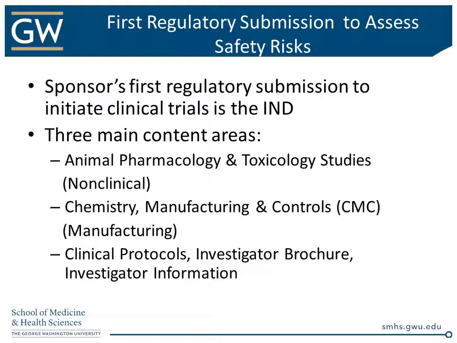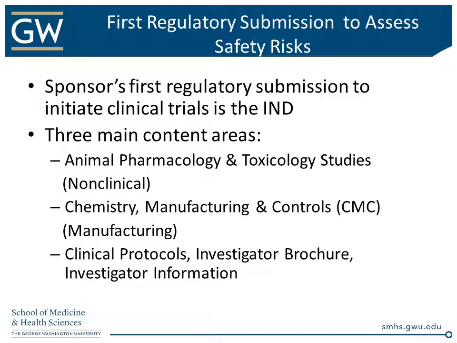Manufacturing information, which is under the chemistry, manufacturing, and controls section, and this is also termed quality information on the drug substance and investigational drug product at this stage. And at this stage, these are investigational clinical supplies, not market dosage forms.